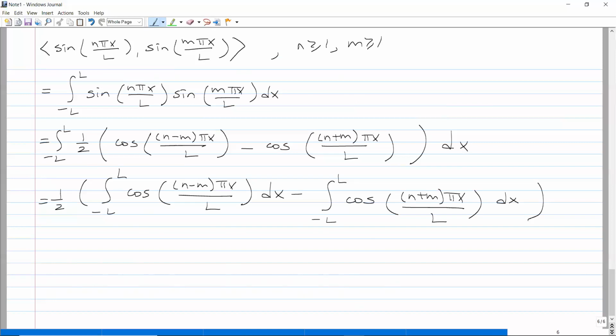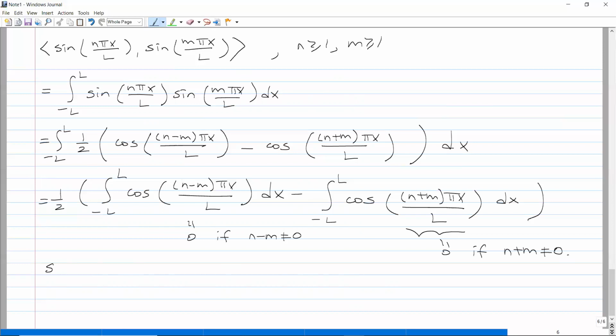Now, for these integrals, remember, the integral of cosine of something pi x over L from minus L to L is 0 if n minus m is different from 0. And similarly, this is 0 if n plus m is different from 0.